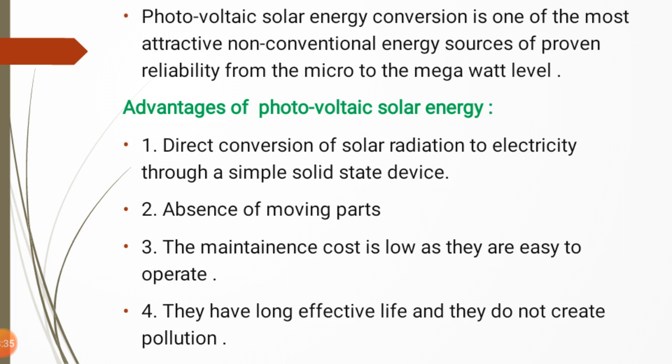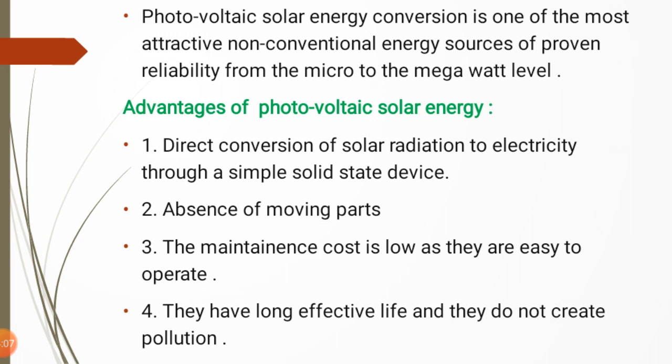Photovoltaic solar energy conversion is one of the most attractive non-conventional energy sources of proven reliability from the micro to megawatt level. The solar cell is used for electricity generation, and indirectly it uses solar energy, which is a non-conventional energy source, to produce electricity in the order of micro to megawatt level. That means a huge amount.